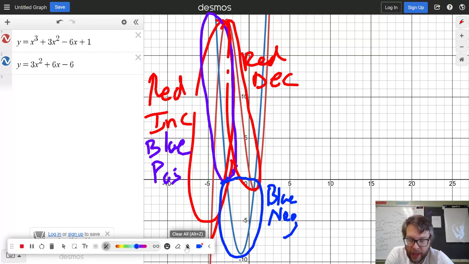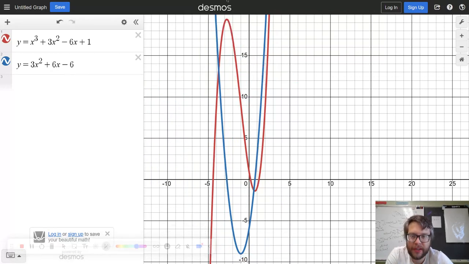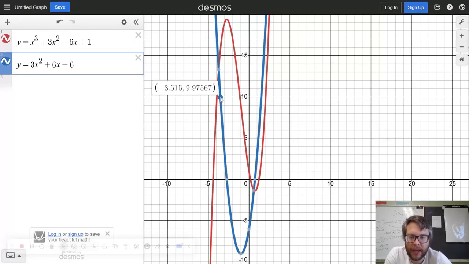The further away from the x-axis that your derivative is, the steeper your function is. The derivative is how much slope does your function have at that same x value. So if I look right here, at this x value, the derivative is approximately 10.